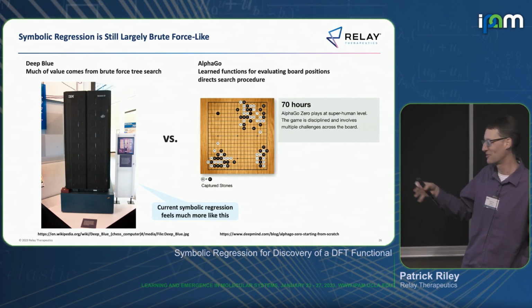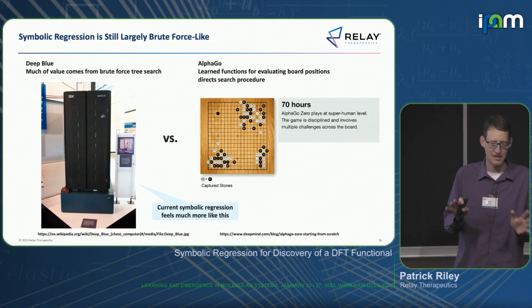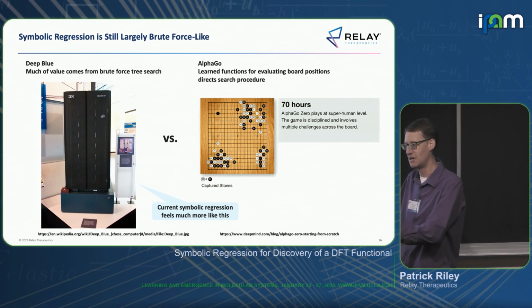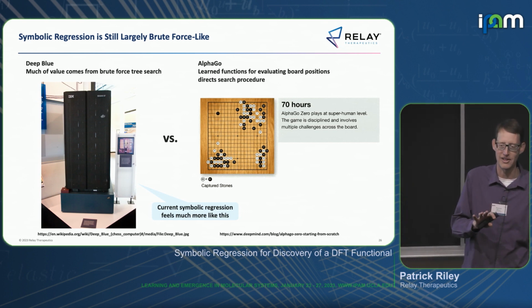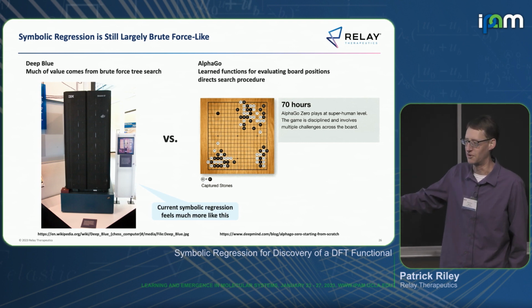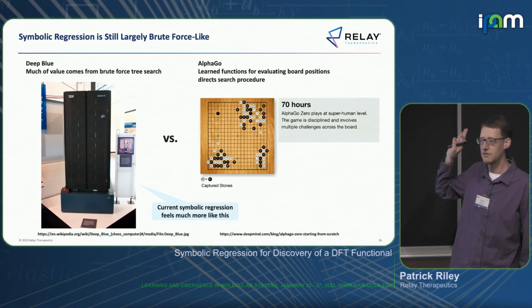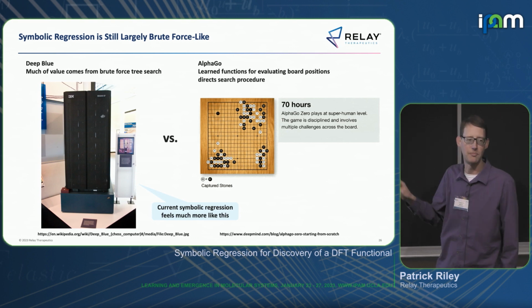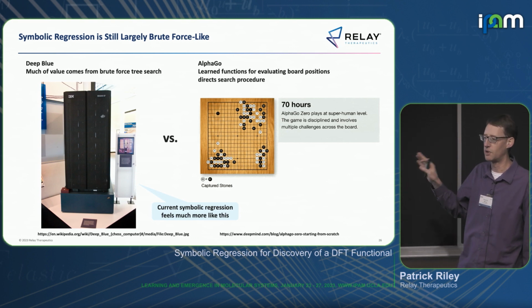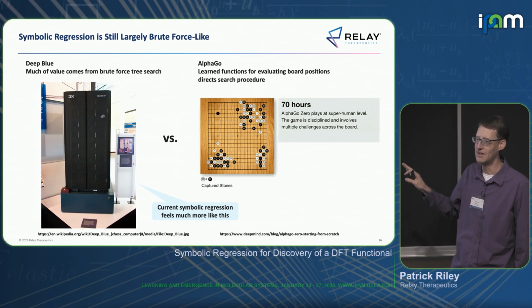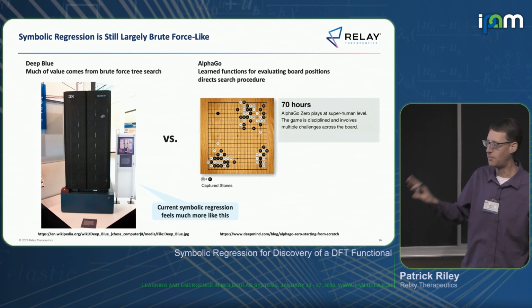But it turned out, if you just look at enough positions. Now, I don't want to give it too hard a time. There actually was a lot of smarts in there. There's board position evaluation, and other things, but it really felt very brute forcey. And this feels quite different than what we got with AlphaGo, where there's still some amount of it in there, but it felt like it had learned much more about the game in some way that is different from Deep Blue. Symbolic regression still feels like the one on the left to me.